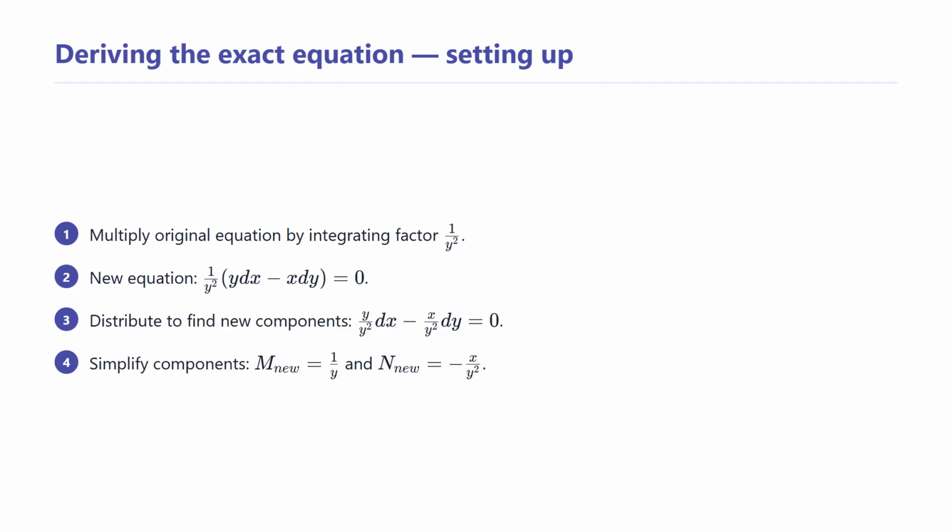We have fundamentally changed the mathematical representation of the slopes. The next step is to verify if this new equation behaves better than the old one. By doing this, we are essentially stretching and scaling our coordinate system so that the previously mismatched slopes now align perfectly into a valid potential surface.